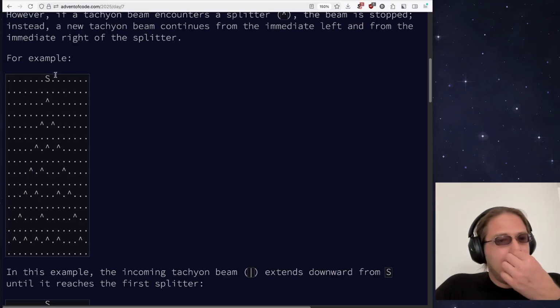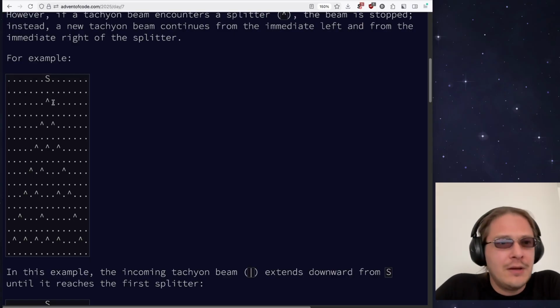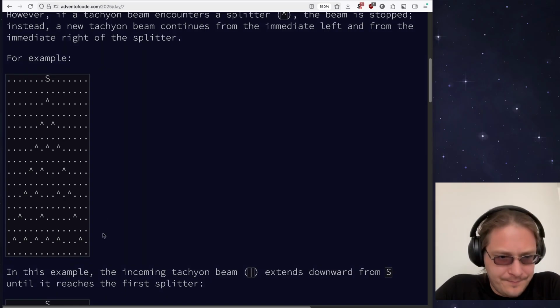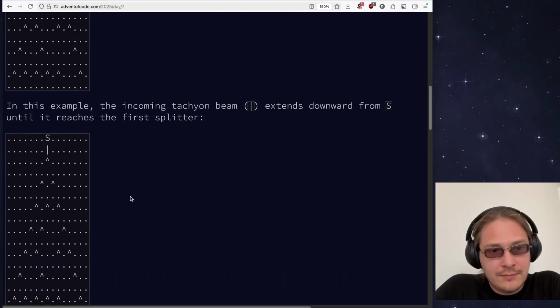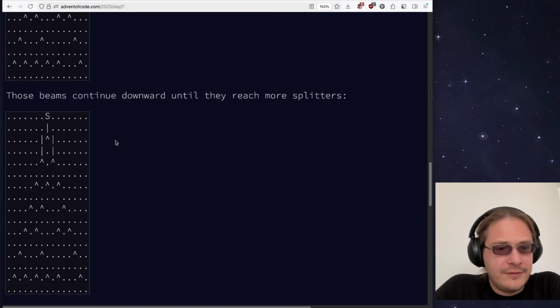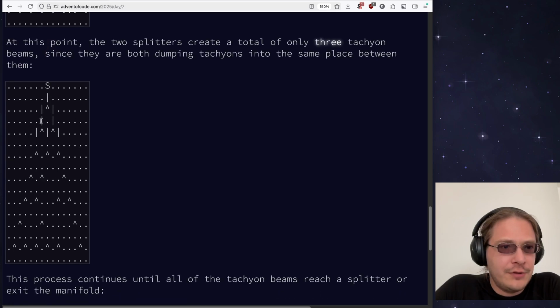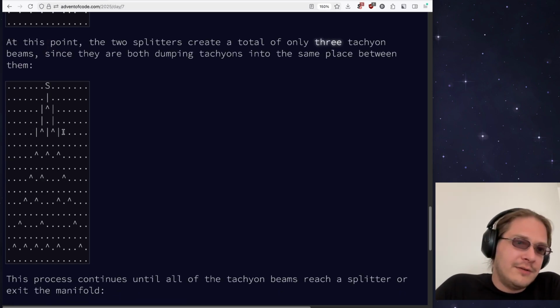And so they ask us, how many times do we have to split the beam? And yeah, this is an illustration of what's going on. Beam falls here, it splits in two, it splits again.